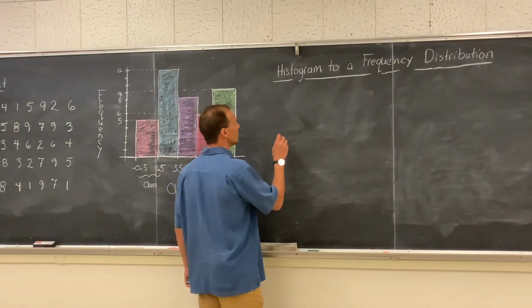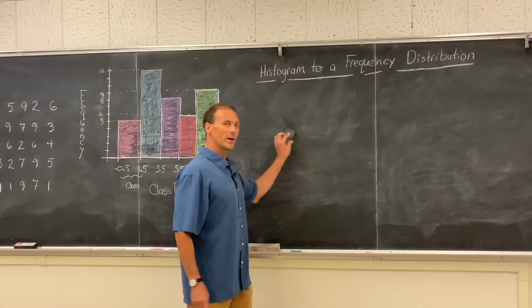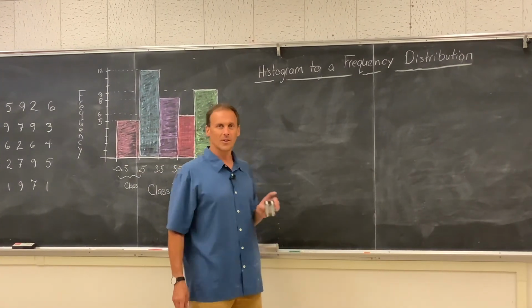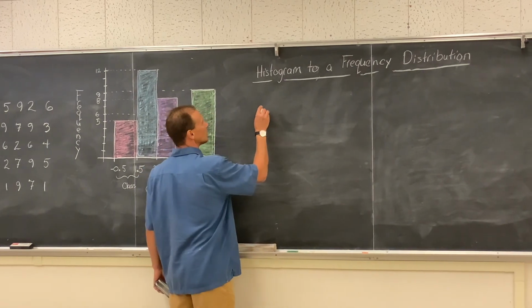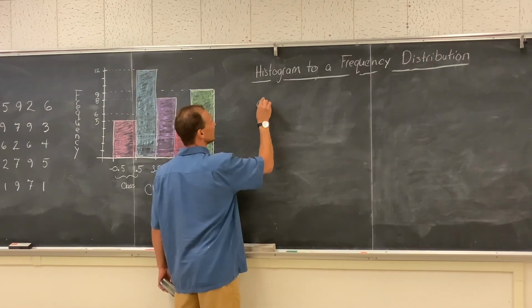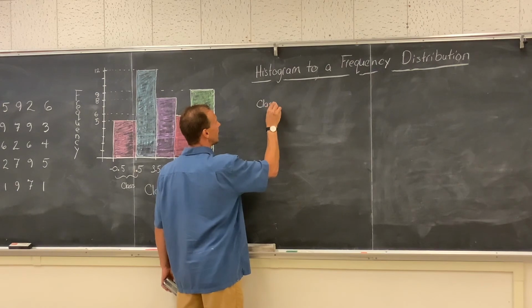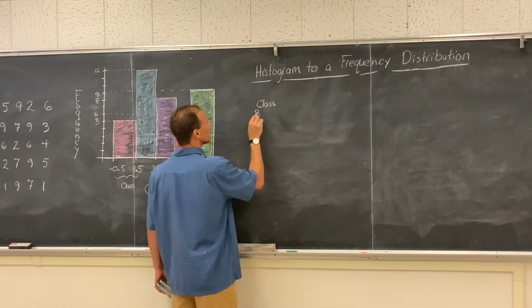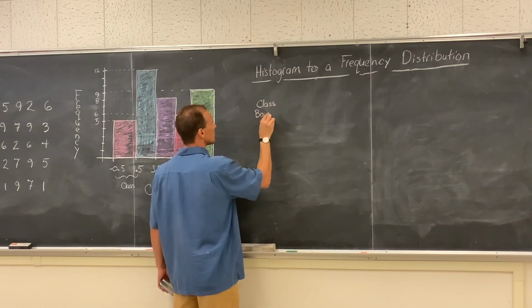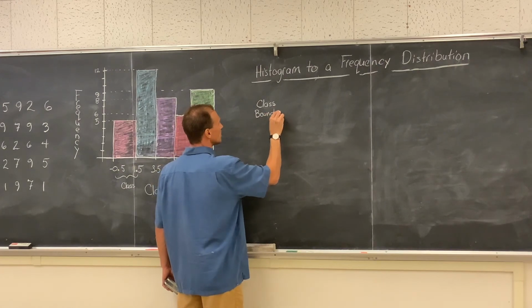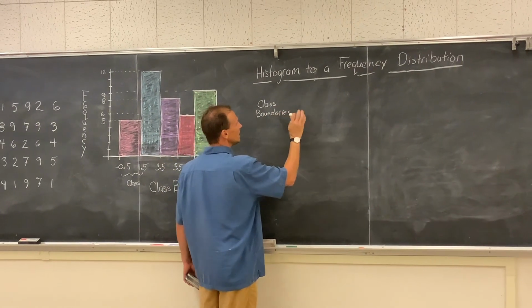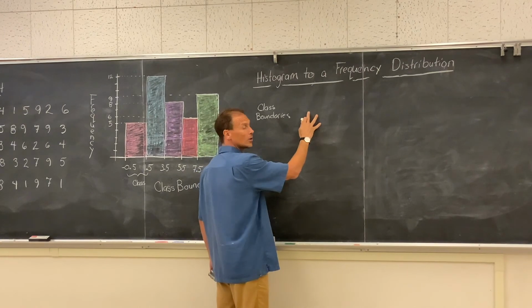But I'm going to make this with some foresight. So the first column on my table will be class boundaries. Now, leave a space. We're going to be putting another column in here.